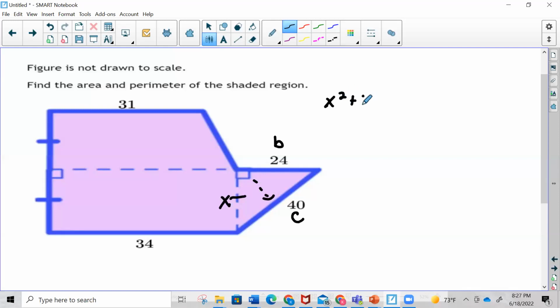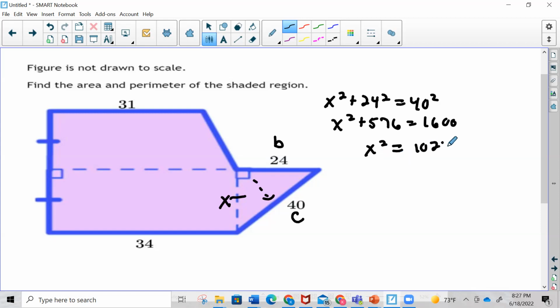So we would do X squared plus 24 squared equals 40 squared. And then we would square all of those. Okay, so we get X squared plus 576 equals 1600. Then we subtract the 576 from both sides, and that gives us 1024.